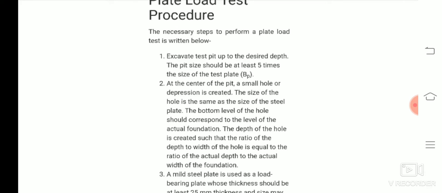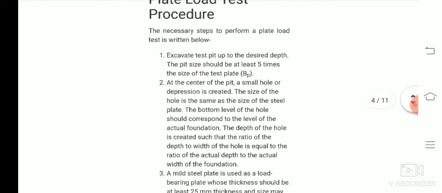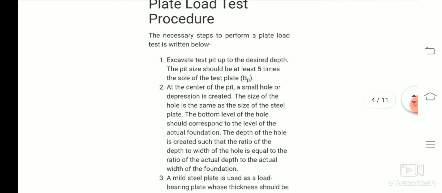So let us first go through the equipment which is required. The bearing plate must be either circular or square, made of mild steel having not less than 25 mm in thickness and varying in size between 300 to 750 mm with grooved bottom.